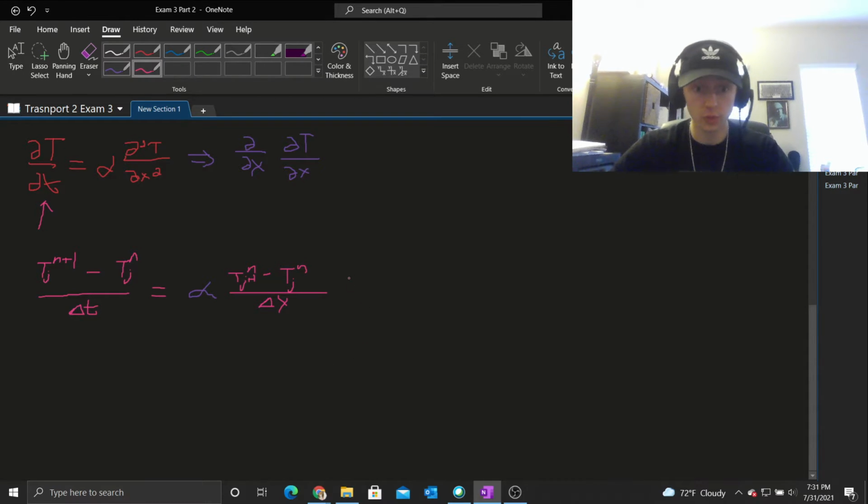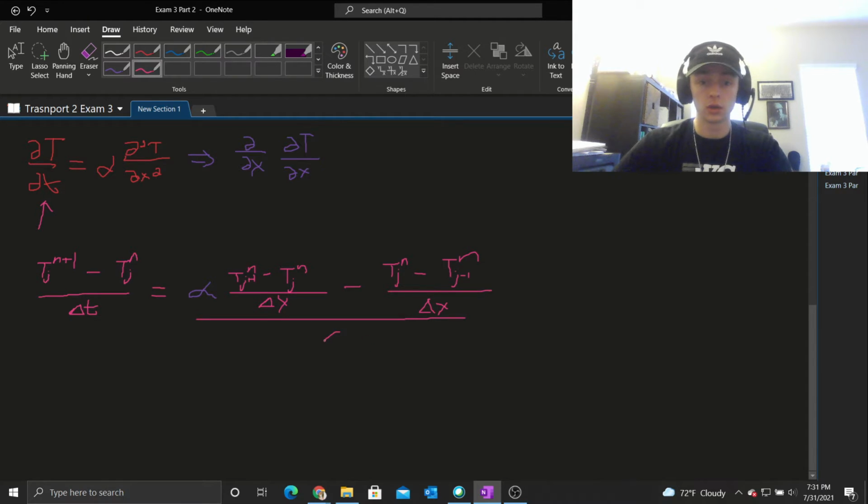Then we continue on and subtract the temperature of the bar at our current position at our current time minus the temperature of the bar at the previous position at the same time, divided by the change in position, and we divide this entire equation by the change in position again.